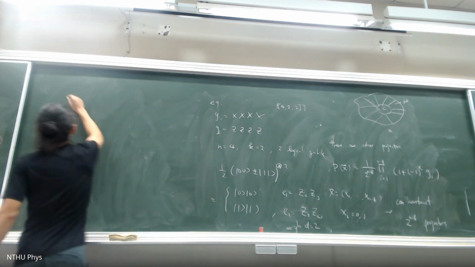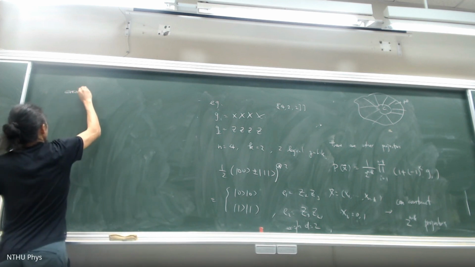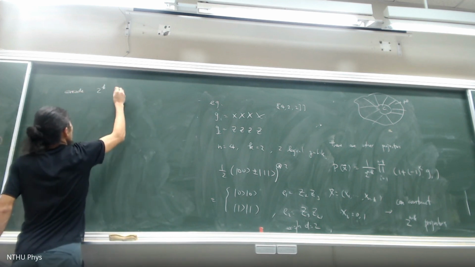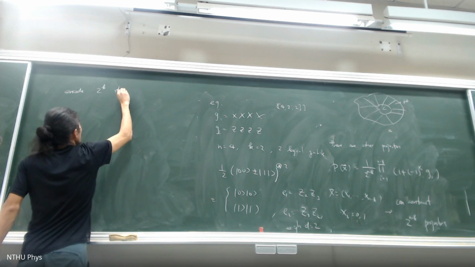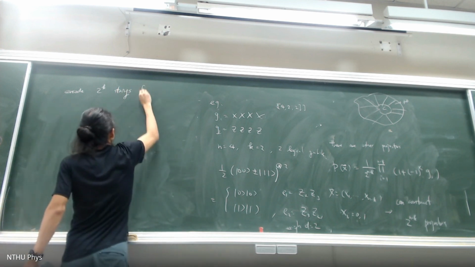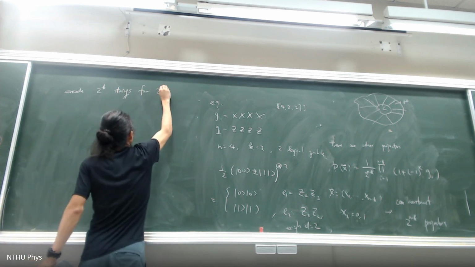I want to encode 2 to the power k strings from these 2 to the power n strings.